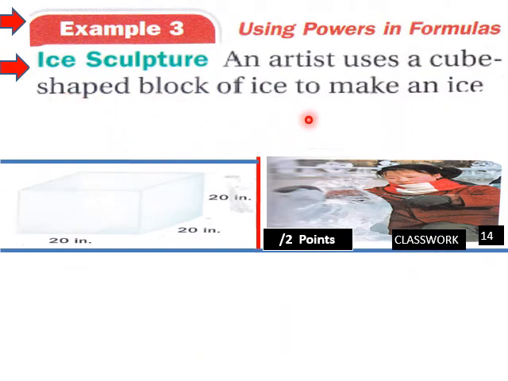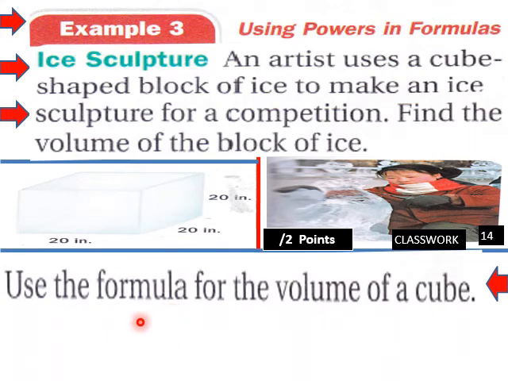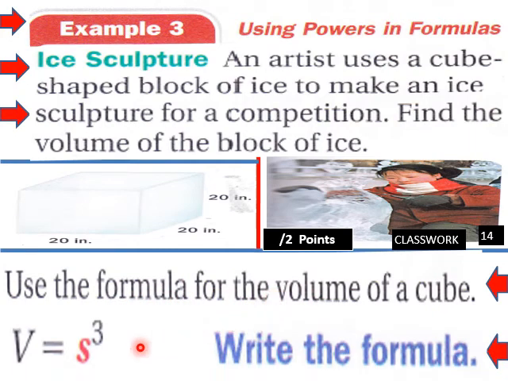An artist uses a cube-shaped block of ice to make an ice sculpture for a competition. Find the volume of the block of ice. So here's our side length here, 20, 20, and 20. So how would we find the volume of that block? Use the formula for the volume of a cube. So volume equals S cubed. Write the formula.